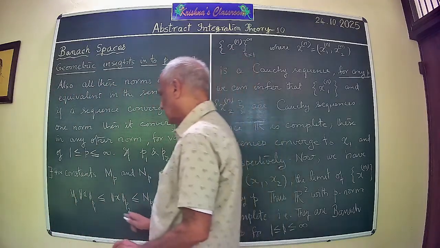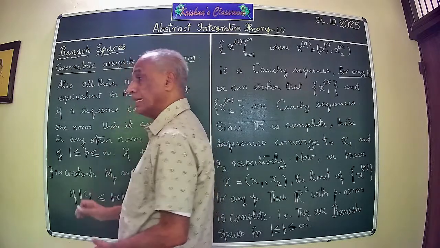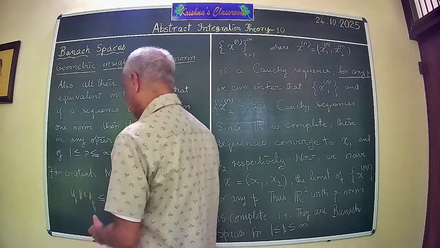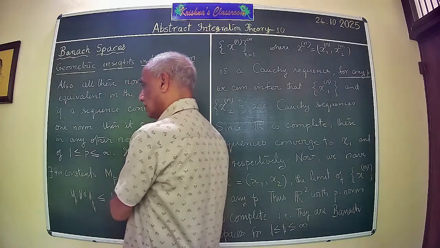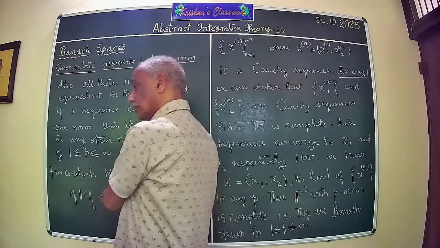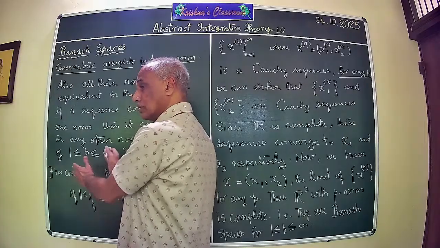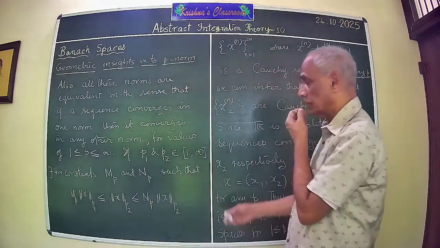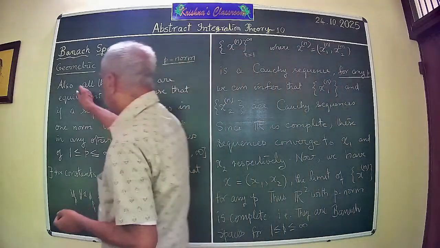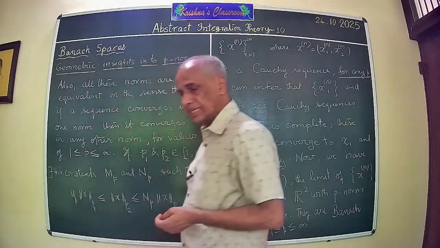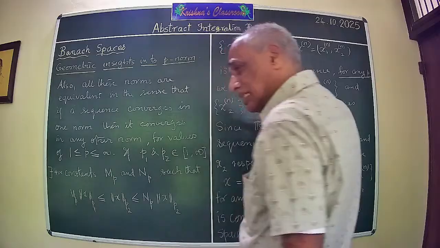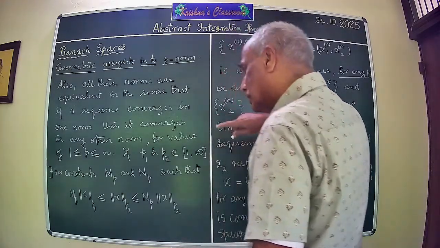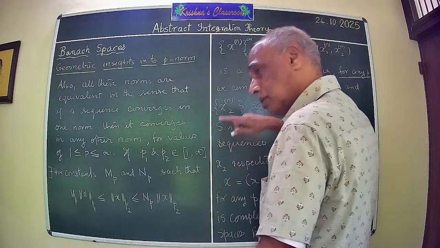So that you see, if you take the corresponding metric, then you can easily see that if a sequence converges in the p1 metric, then the sequence converges in the p2 metric. So I don't want to spend much time on that. But what is fascinating? The actual interest is not in infinite dimensional spaces, where all these Lp spaces are going to be different.